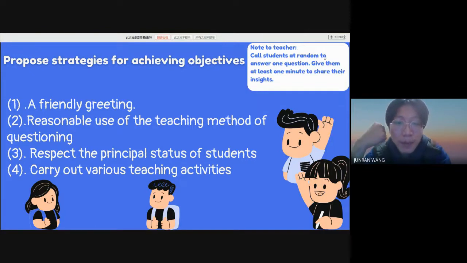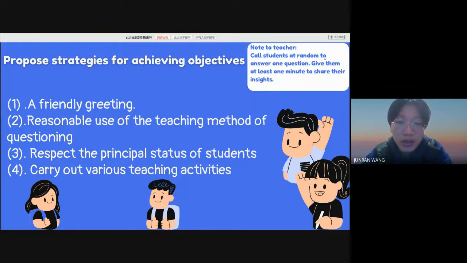For example, in the face of shy students whose English level is not high, teachers should try to use a gentle tone to ask a question in line with their learning level, to encourage students to answer and enhance their self-confidence.